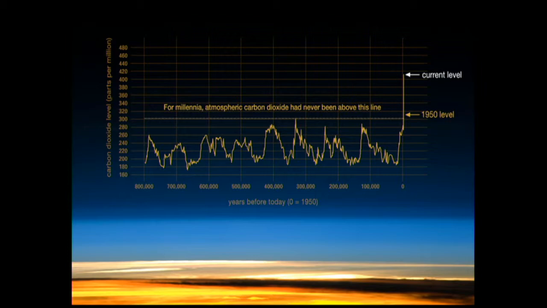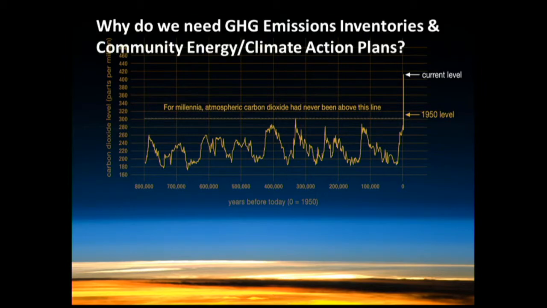So this may be difficult to see from folks in the audience, but it's a graph I just wanted to talk about briefly, just to kind of lay the foundation for why this is important. Why do we need greenhouse gas emissions inventories and what are called community energy or climate action plans?